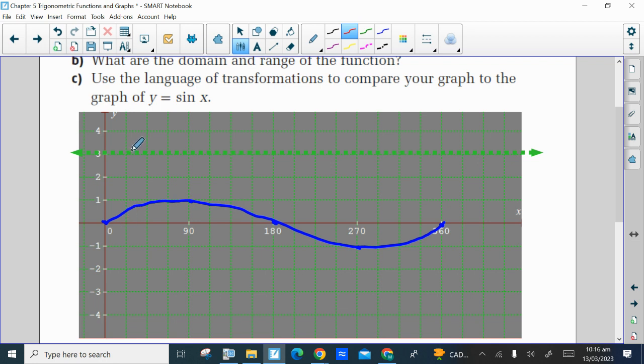So we're going to end up just being to the right of that as our starting point. To the right of 22.5 would be 30 degrees, which is our phase shift. And so instead of ending at 360 degrees, we're going to end 30 degrees to the right of 360. Everything is moved to the right 30 degrees. The starting point is moved to the right 30 degrees, and the ending point is moved to the right by 30 degrees.